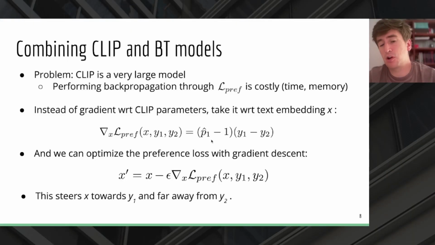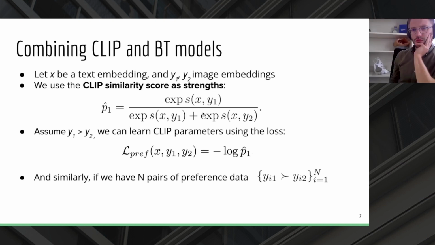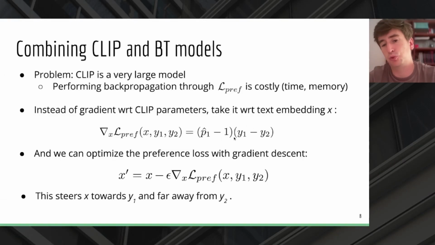The extra time comes from this P1, which is computing the similarity, which is a matrix multiplication, and then the softmax function. It's not very much, it's a little overhead. The thing is that you don't need to compute the gradient because you can compute it by hand, so you avoid having to do backpropagation, and it's kind of cheap.